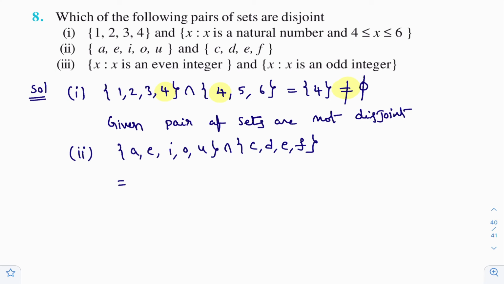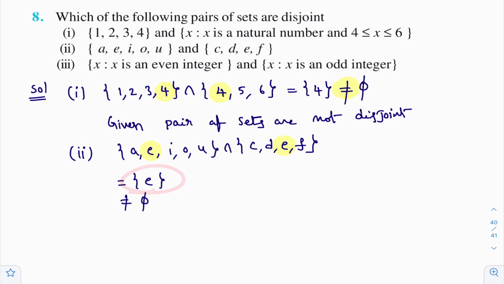Any element common in both, you check it. E is the element which is common in both. Next, A, I, O, U, right. So when we do their intersection, I got it like this. This is not an empty set, which contains one element.